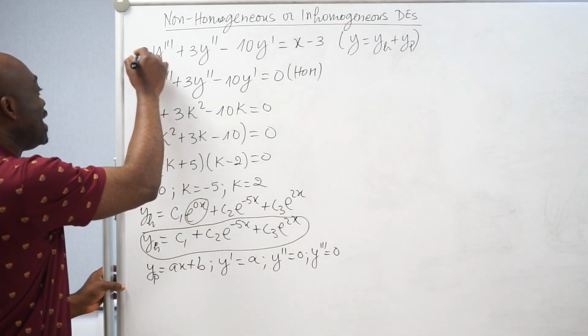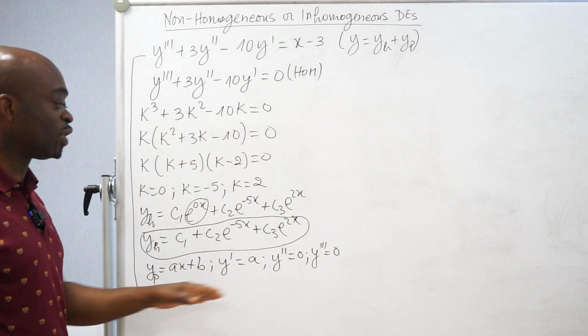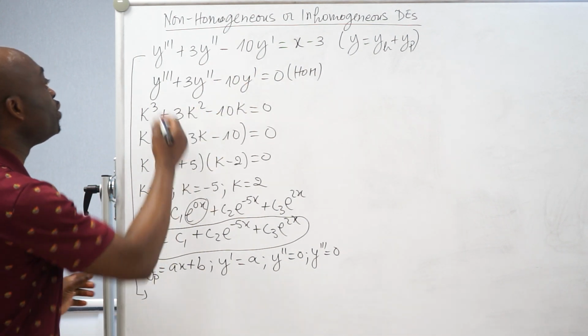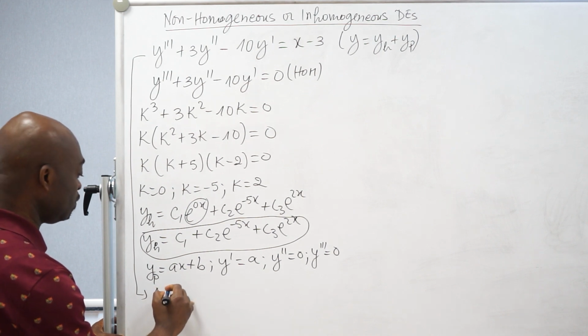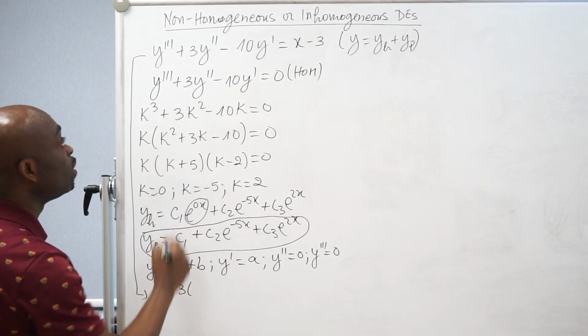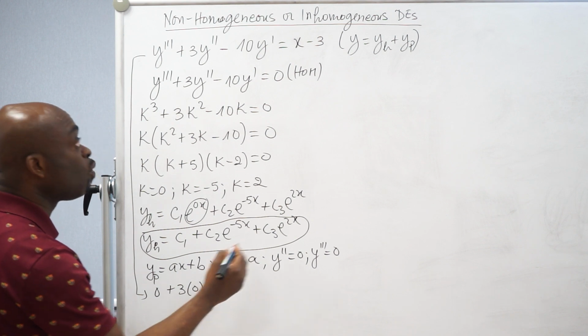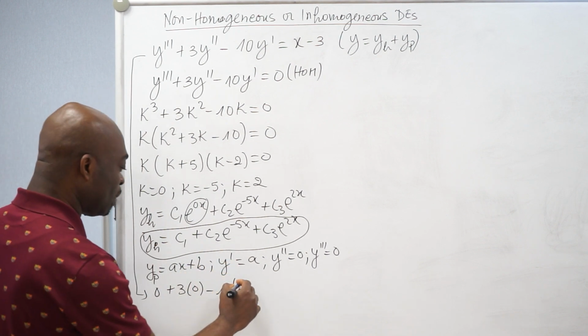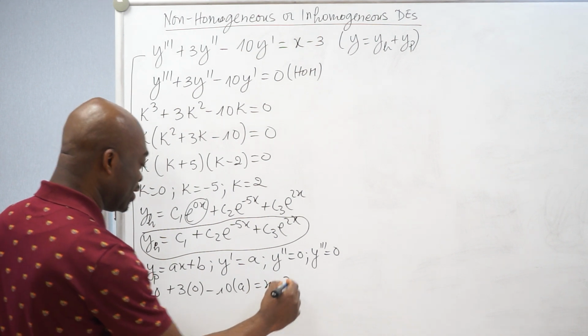So what do we do next? We take our original equation and substitute all these in there. So y''', which is 0, plus 3 times y'', which is also 0, minus 10 times y', which is A. This is equal to x - 3.